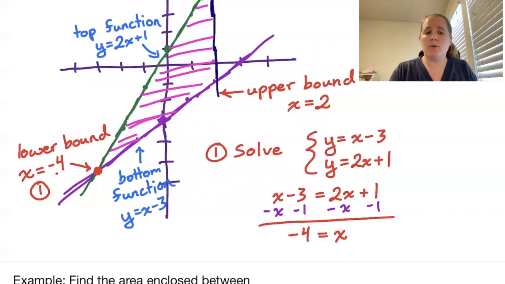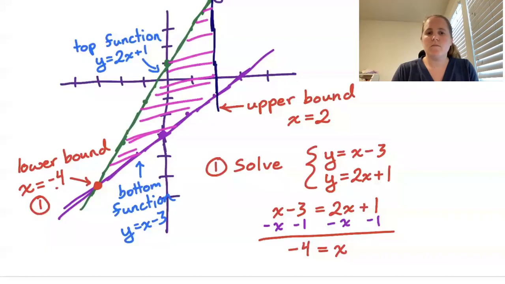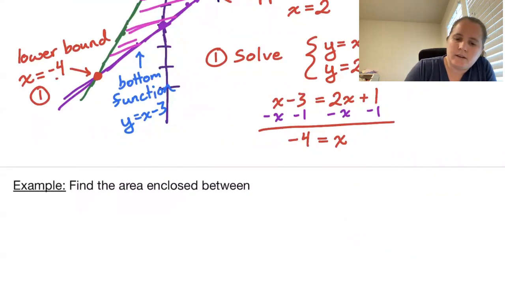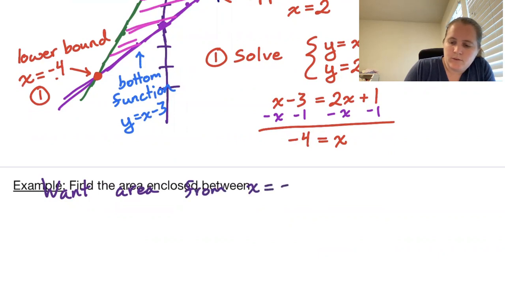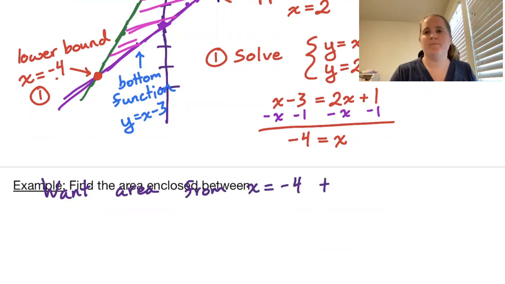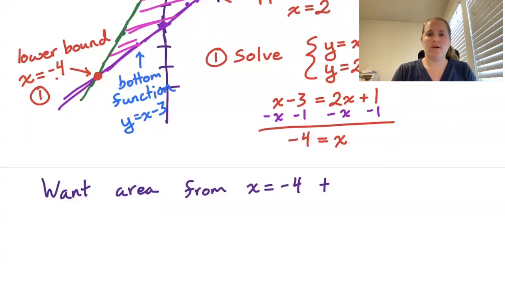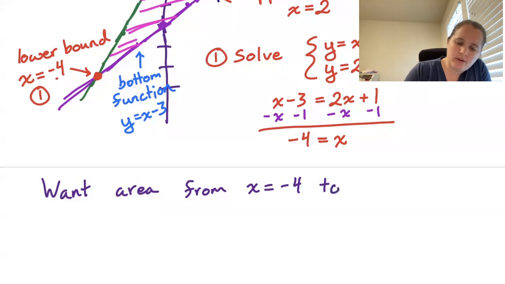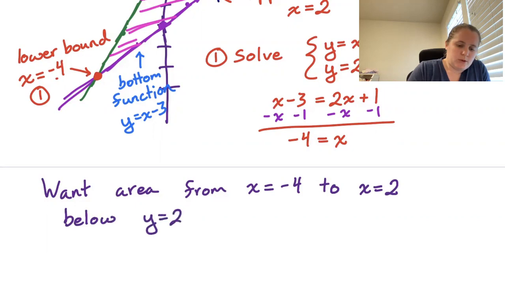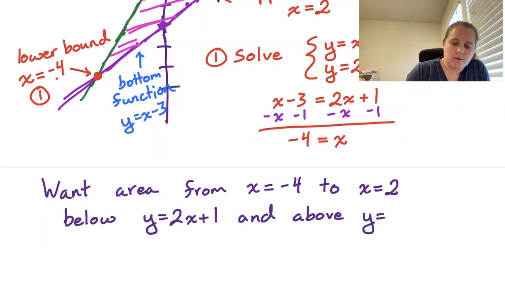I'm going to give myself a little more room. So essentially what we're looking at here is the area from x equals -4 to x equals 2 that's below y equals 2x plus 1 and above y equals x minus 3.